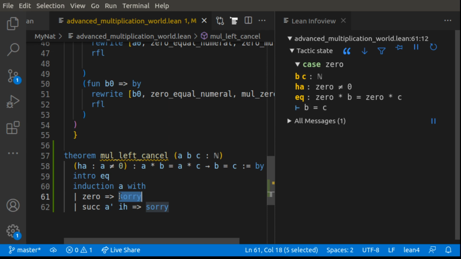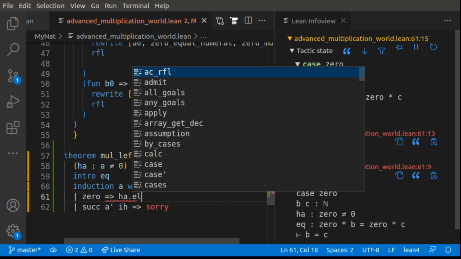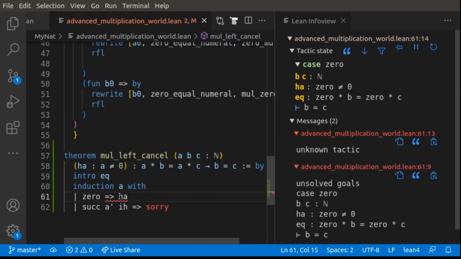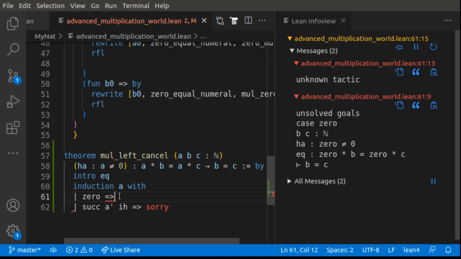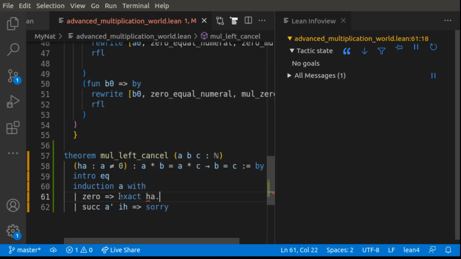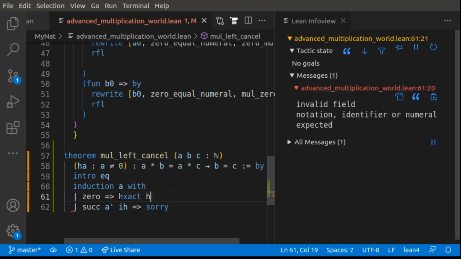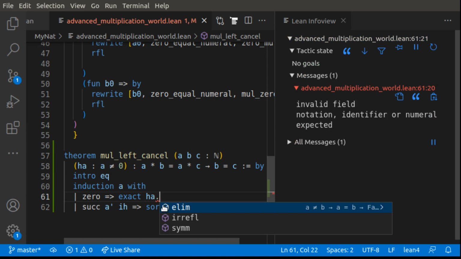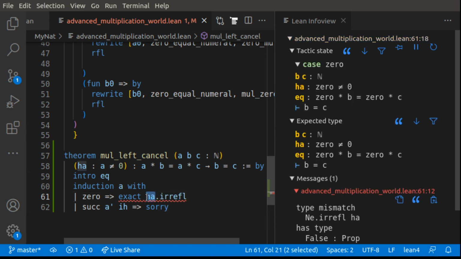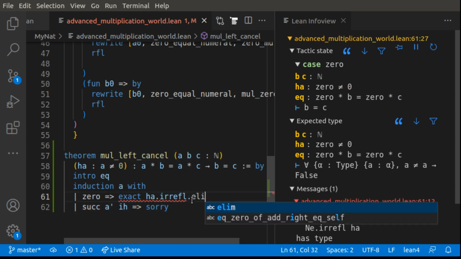This is 0 times B equals 0 times C. 0 doesn't equal 0. Okay, well, HA is ridiculous, so we could do HA dot elim, or exact HA dot elim, or HA dot irreflexive dot elim.